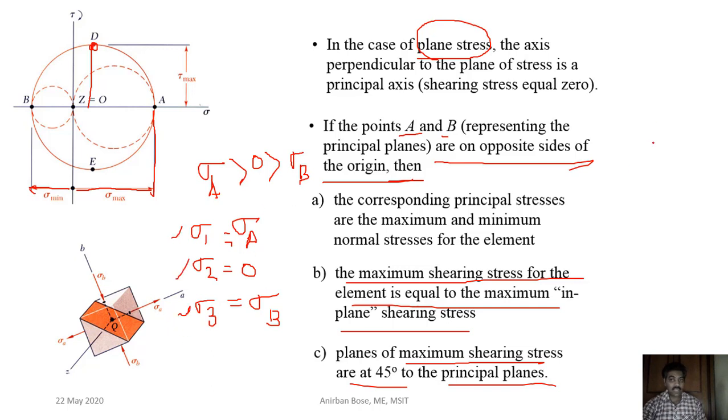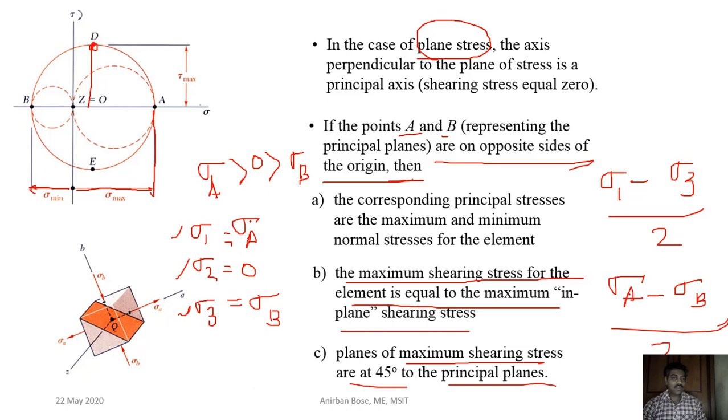Then what will be the maximum shear? You know that maximum shear is sigma 1 minus sigma 3 divided by 2. Sigma 1 is sigma A and sigma 3 is sigma B, so sigma A minus sigma B divided by 2. And that is why in this case the in-plane shear is the maximum, because maximum shear stress occurs in that AB plane.